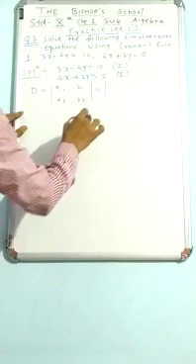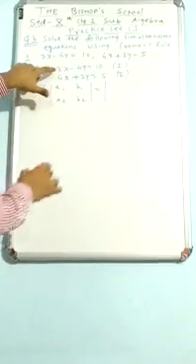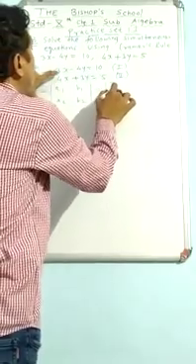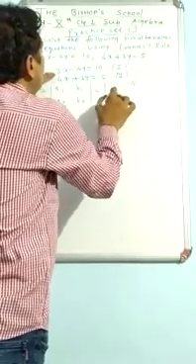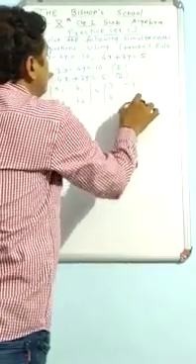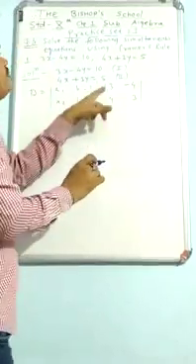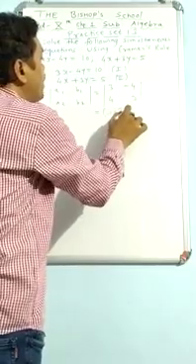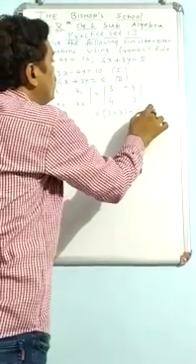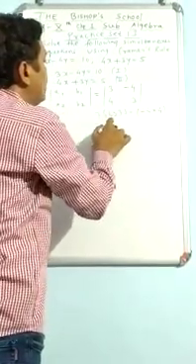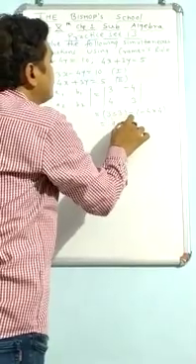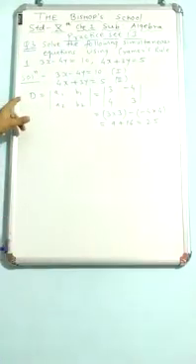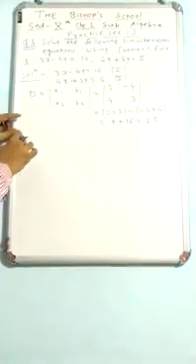Putting the values: 3, 4, minus 4, 3. So 3 into 3 minus minus 4 into 4. That came 9 plus 16, equal to 25. So the D value we have calculated is 25.